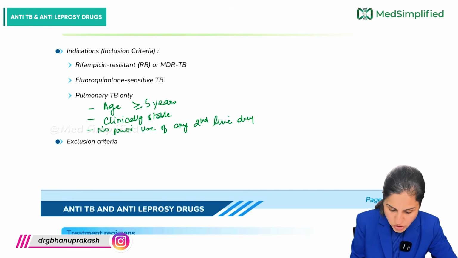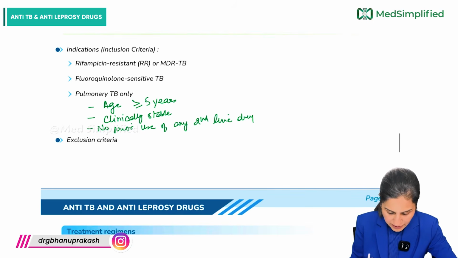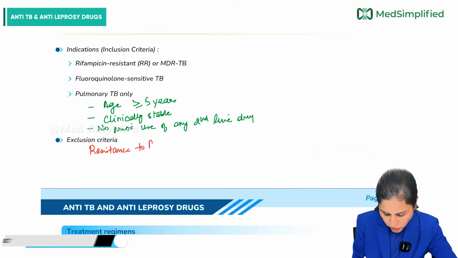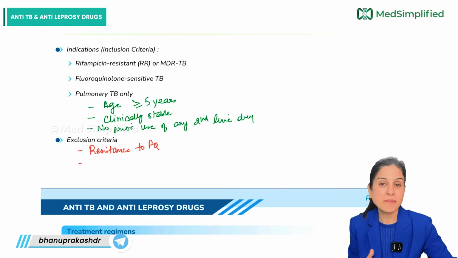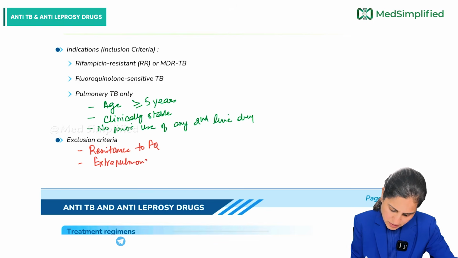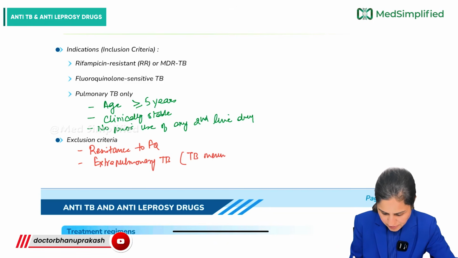What is the exclusion criteria? You cannot give this short bedaquiline regimen if there is resistance to fluoroquinolones. If it is an extrapulmonary tuberculosis, for example TB meningitis, right?